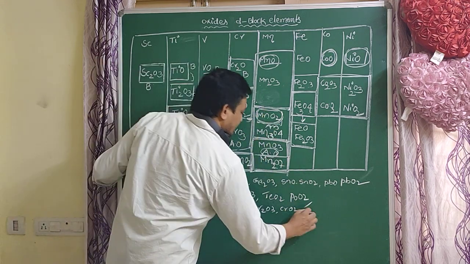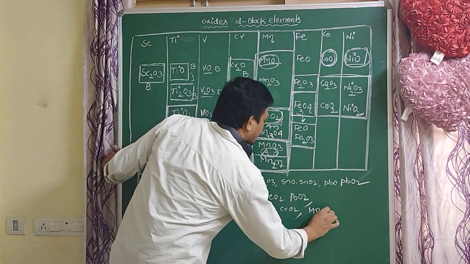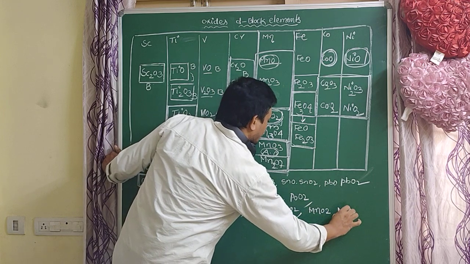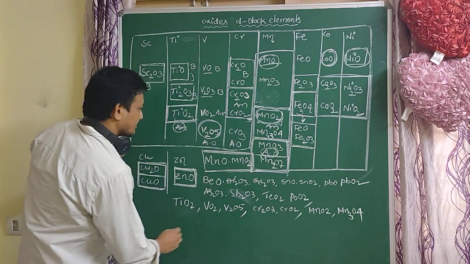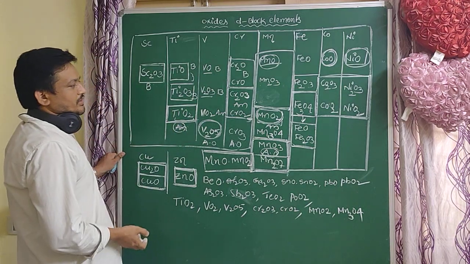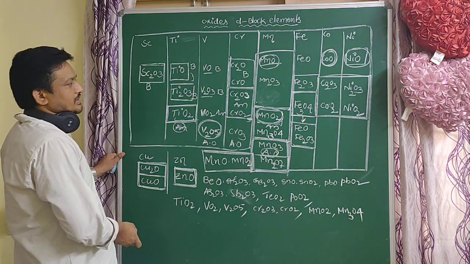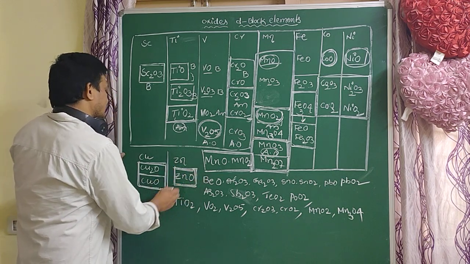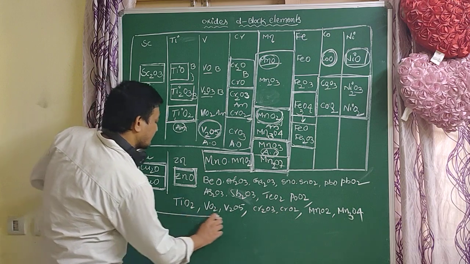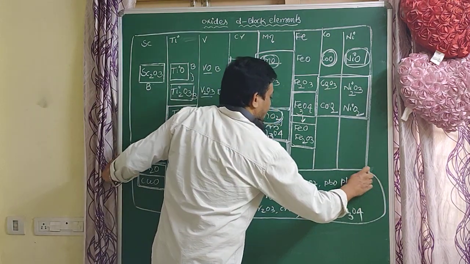In manganese, MnO2 and Mn2O4. Next, iron has no amphoteric oxides, and ZnO is an amphoteric oxide. These are the amphoteric oxides.